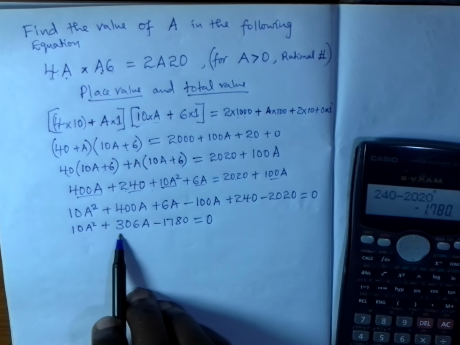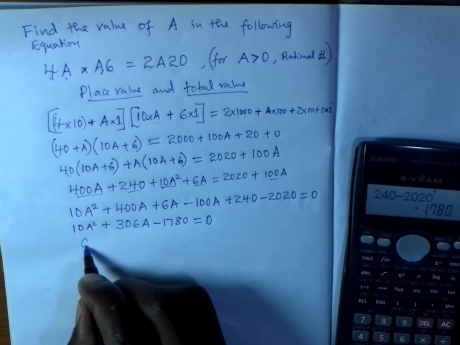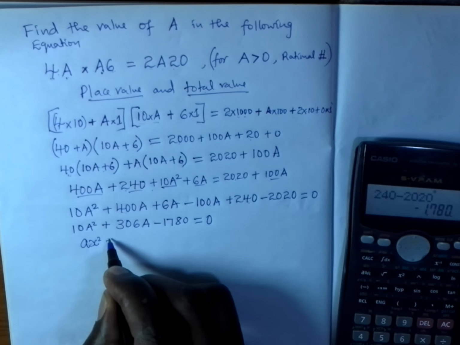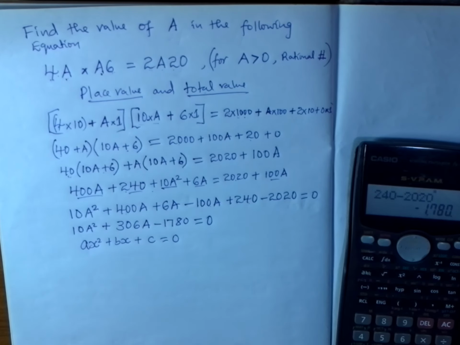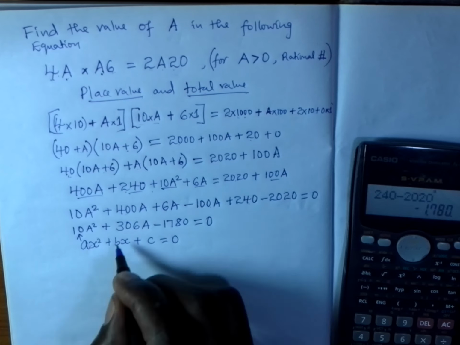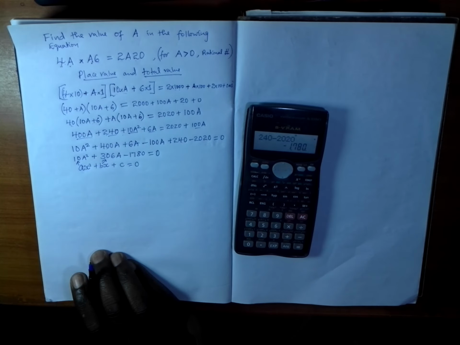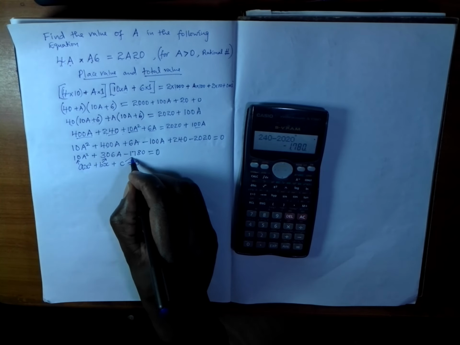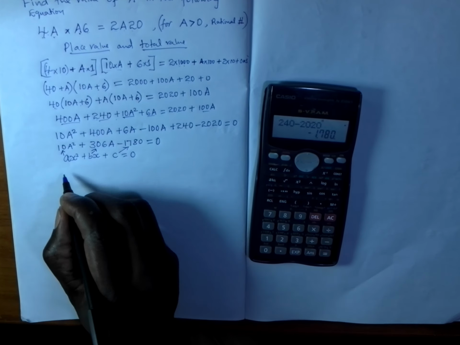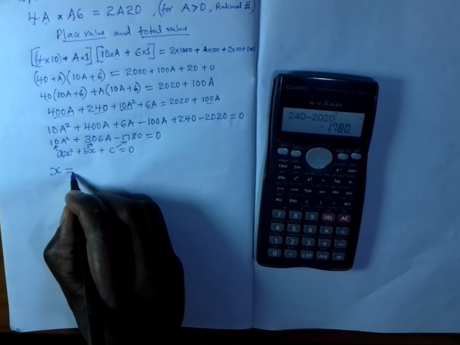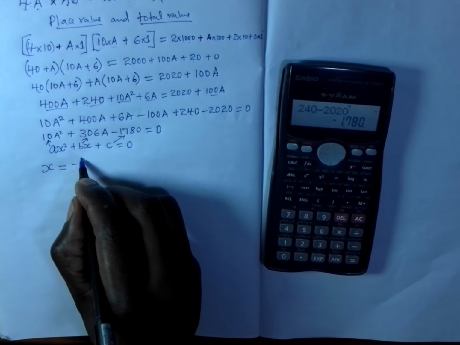Here we have formed a quadratic equation which is of the form ax squared plus bx plus c is equal to a constant, and therefore a is equal to 10, b is equal to 306, and c is negative 1780. So we are going to use the quadratic formula to solve.